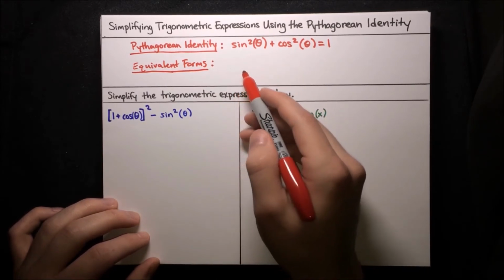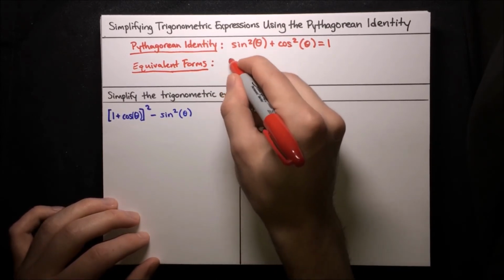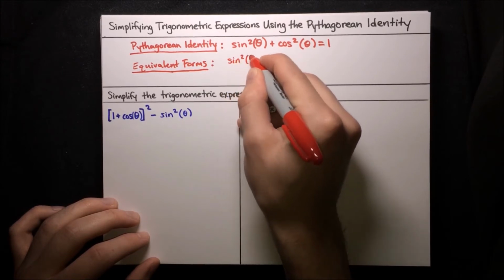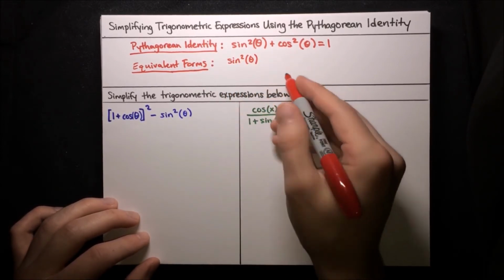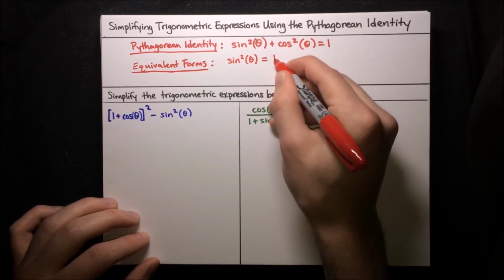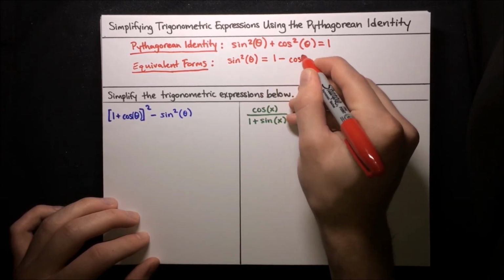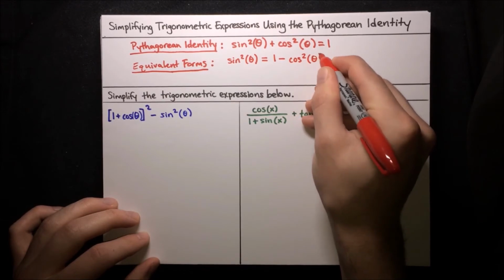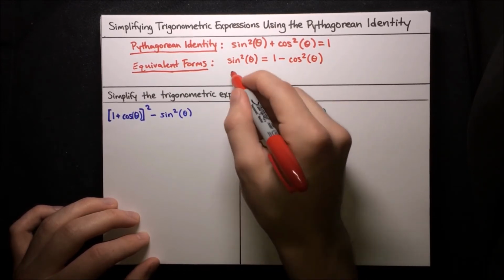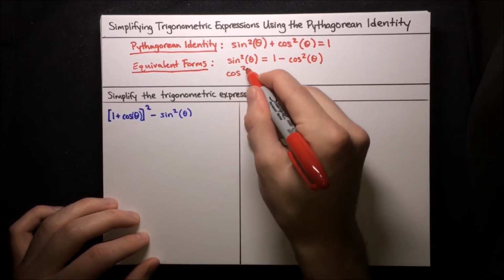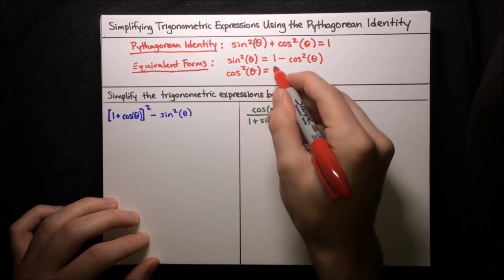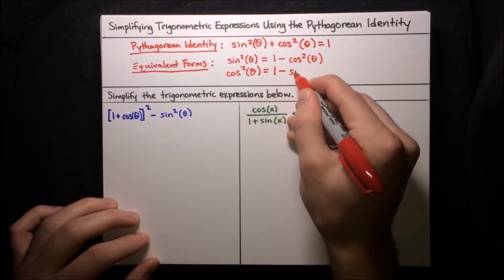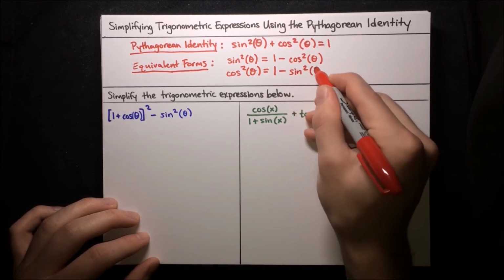So equivalent forms: if we solve for sine squared theta in the Pythagorean identity, we're just subtracting cos squared from both sides. So sine squared is equal to 1 minus cos squared. And we also have that cos squared of theta, subtracting sine squared from both sides, cos squared of theta is equal to 1 minus sine squared of theta.